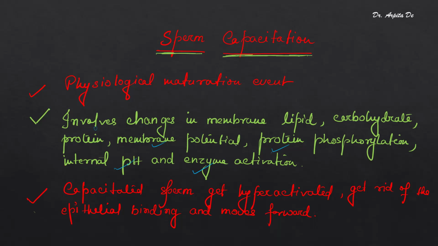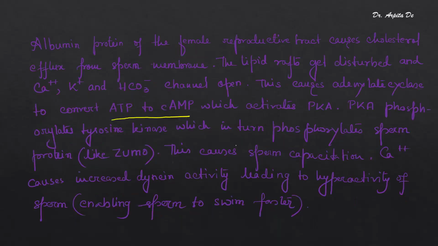Now, another concept comes here: the albumin protein of the female reproductive tract causes cholesterol efflux from the sperm membrane. The lipid rafts get disturbed, and calcium ion, potassium ion, and bicarbonate ion channels open. This is the next part which we are going to study.